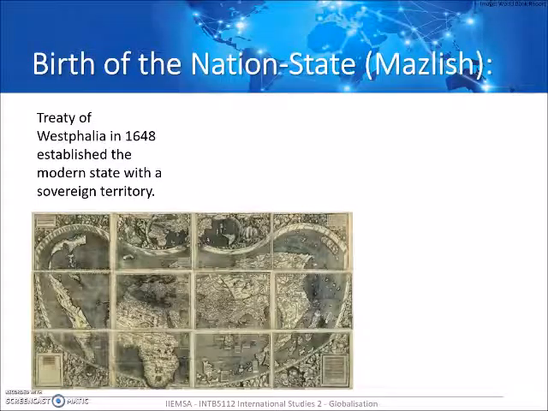So basically what Metzlisch argues is that globalization started with the birth of the nation state. And now this is something that sometimes we forget about, right? Because we've all been born and we've all grown up in a world that is divided into countries, and you have a nationality, you're from a specific country, and that's how it is, right?